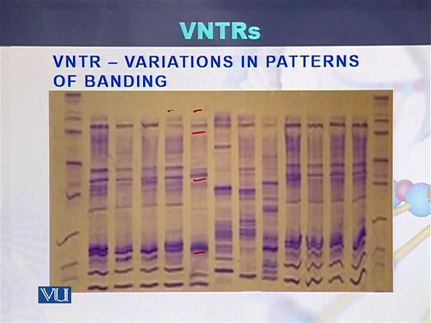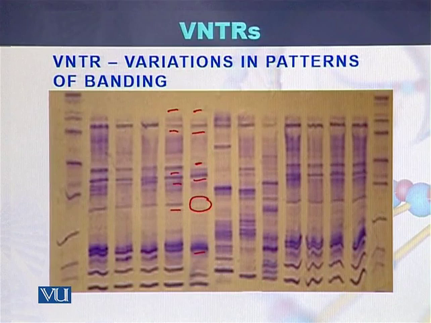While in the next lane we can see one band is here, second band is here, which was not present in this individual. So here there is no band, and there is another band in this row that we cannot see in this individual. So with the help of these banding patterns, we can identify the variations between the VNTRs.